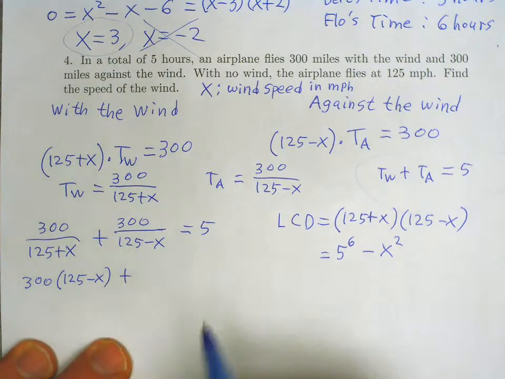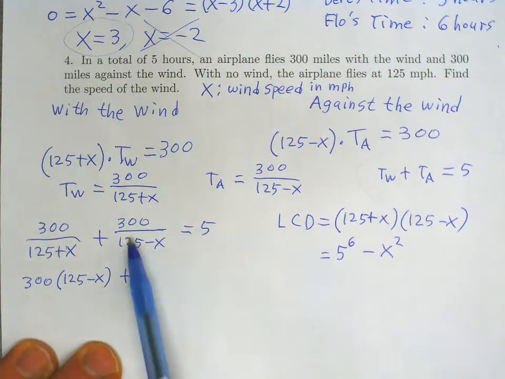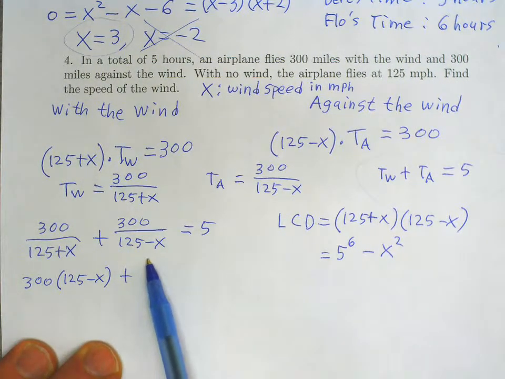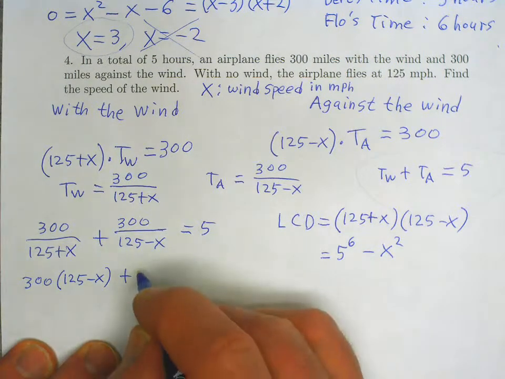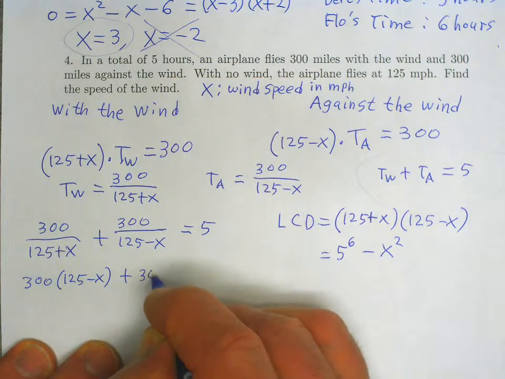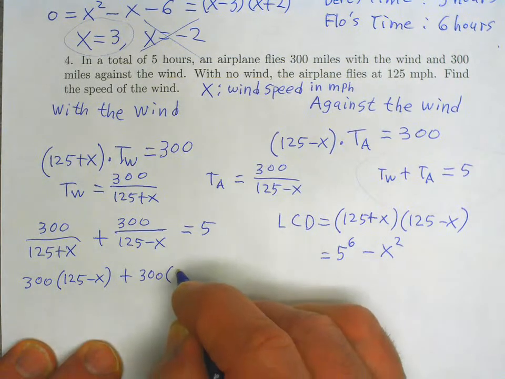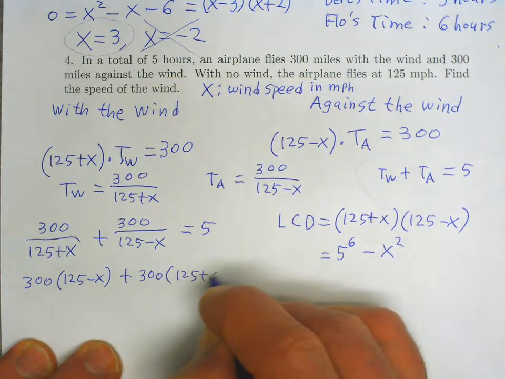And then plus, when we multiply the least common denominator by 300 over 125 minus x, the 125 minus x factors cancel, and we'll just be left with 300 times 125 plus x.